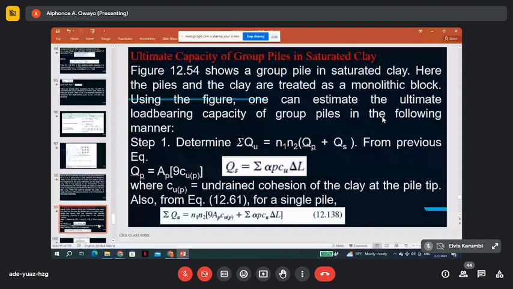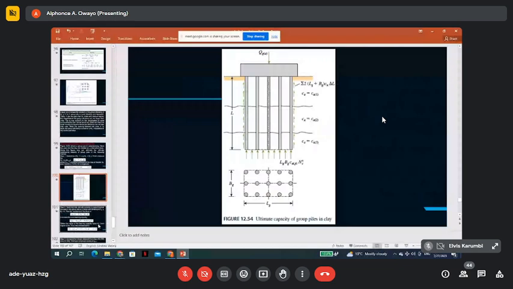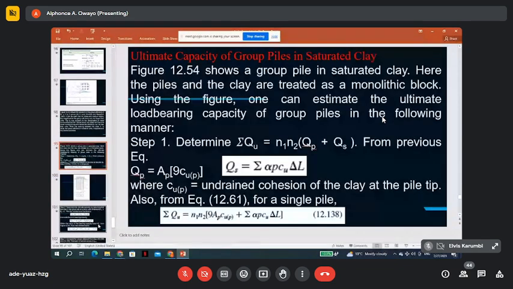So the pile capacity in clay is the same, nothing different from what we've talked about, just the same way we were treating single piles. You can see these formulas are quite familiar. Ap, 9 Cu Ap. This should be quite familiar to you. Okay.